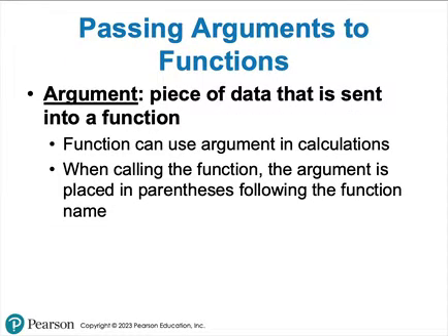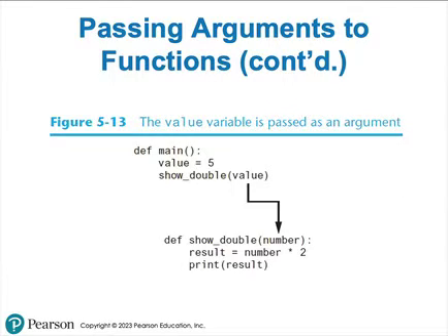Now then, I talked about arguments when I was talking about the function definition. Basically, we have arguments, which are pieces of data or values that we want to pass into our function, presumably to be processed or used for some type of calculation.